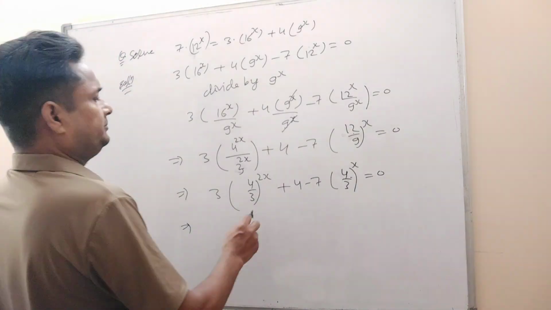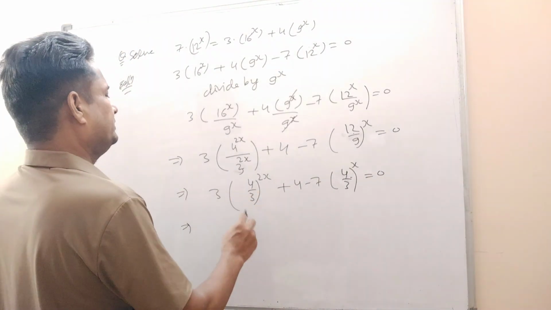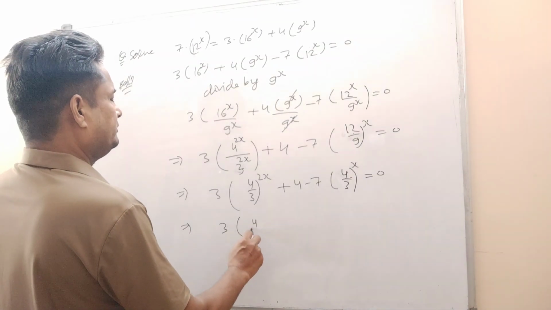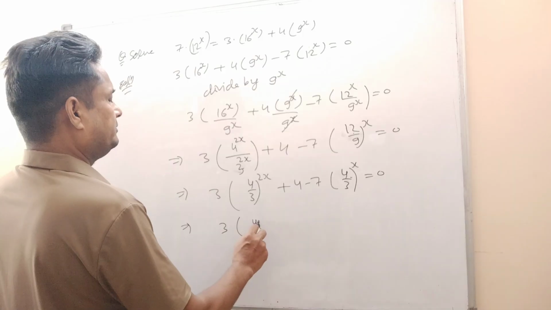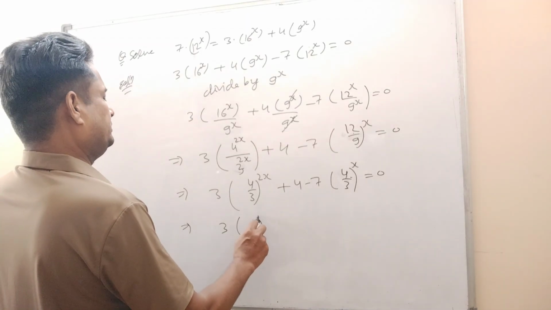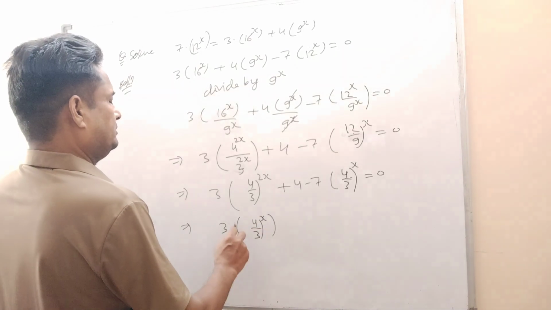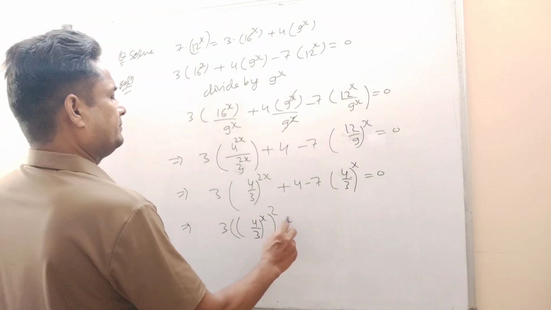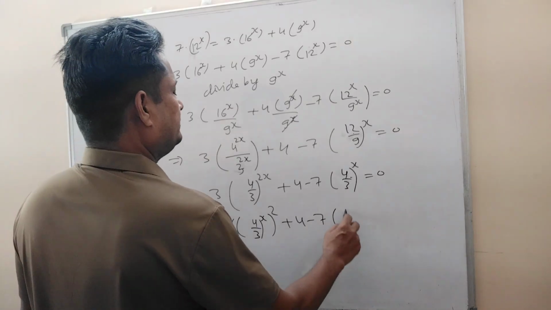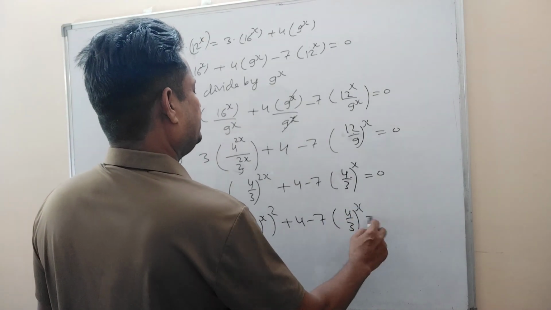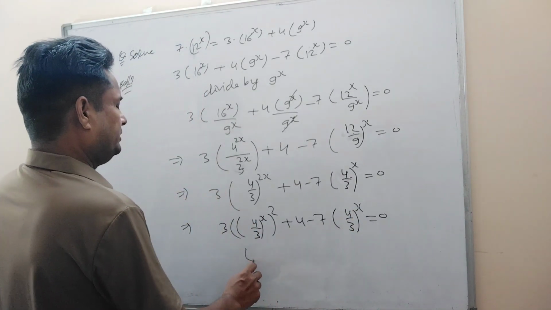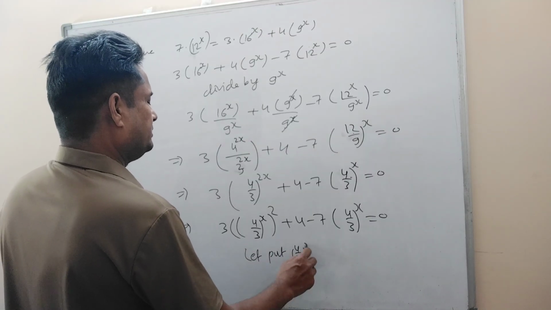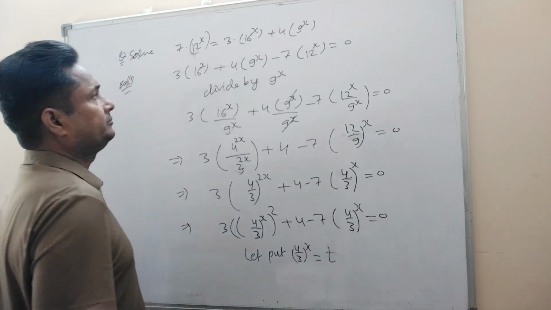So now here we can write this one as what? 3 into 4 by 3 to the power x, whole square, plus 4 minus 7 into 4 by 3 to the power x is equal to 0. Now let's put here 4 by 3 to the power x is equal to t.